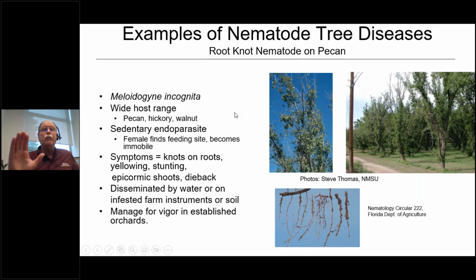Now, this is a root parasite. We're not going to go into the disease cycles of the root knot nematode. It would just take too long. However, I do want to talk about the fact that you may actually encounter this on pecans. If you are called out to look at a pecan and you've got a dieback, and if you're on sandy soils, now that's important. Root knot nematodes love sandy soils.